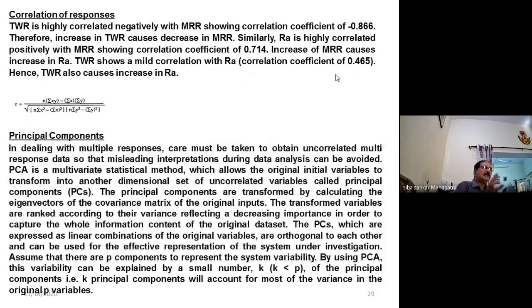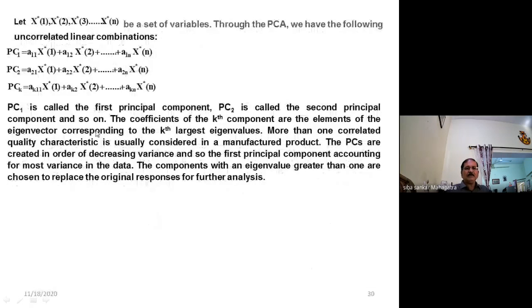It doesn't represent the same data, but it represents the same variation that the original data represents, explained by the principal components, and only the number of variables will be reduced. All the principal components are orthogonal to each other and they do not have any correlation, like your original data may have correlation, but the principal components will not. So these are the formulas that are used for finding the correlation.